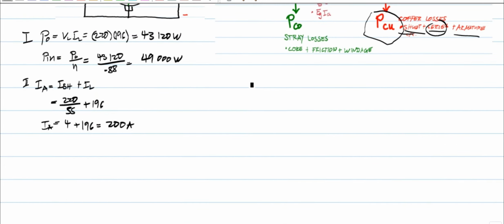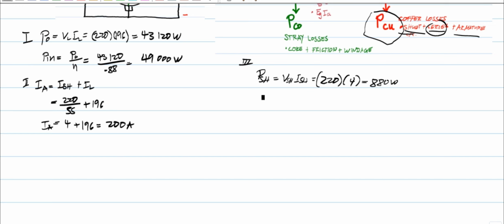Therefore, shunt field loss, or the PSH loss, is equal to VSH times ISH. We already have the VSH, equal to VL since it is parallel, and the ISH of 4, so we have 880 watts.